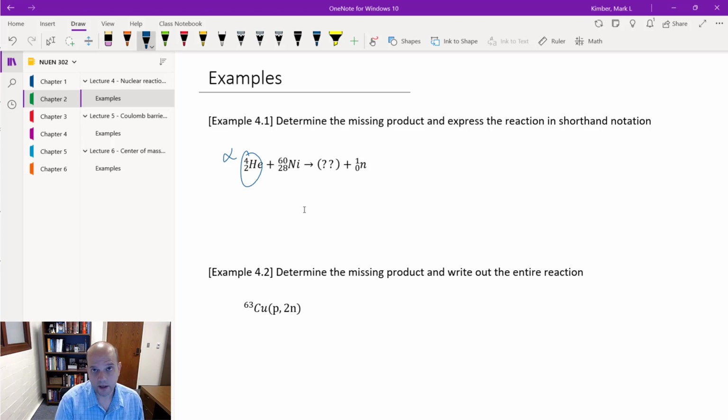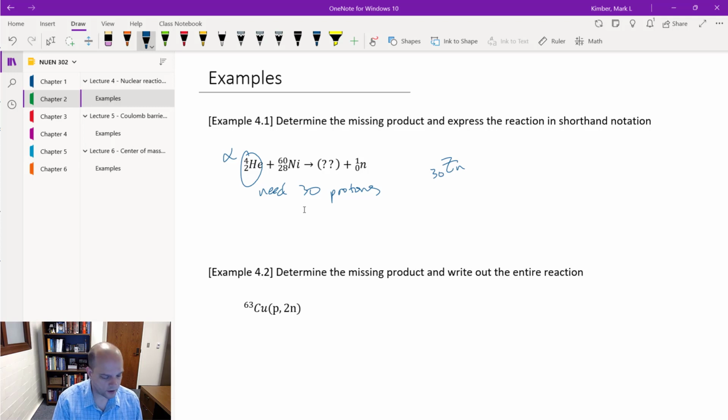So how many protons do I have? I need 30. And so this chemical formula is going to have 30 as its value for Z. Therefore, we can go to the periodic table and see that it is zinc.